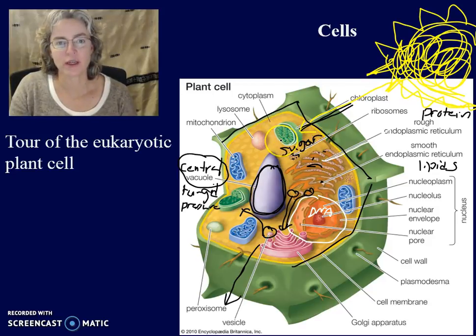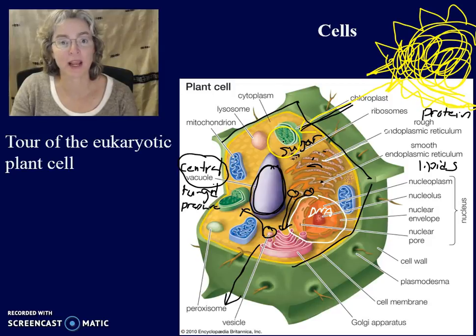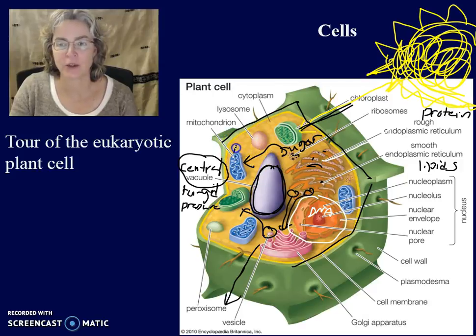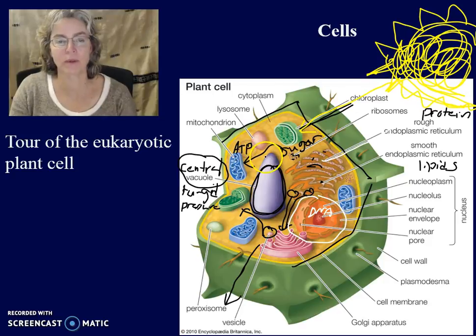This sugar can't actually be used in the cell as it is for energy. So that sugar then needs to be taken to the mitochondria, which will transform that sugar into an ATP molecule.